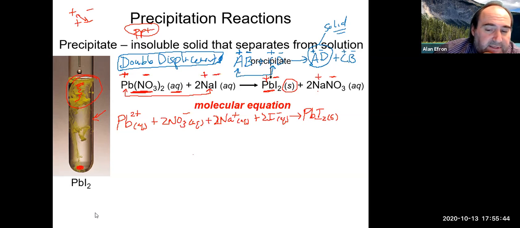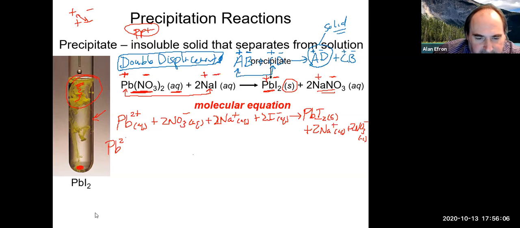What that leaves us on the other side is sodium nitrate, which is also a strong electrolyte and will break apart as well. So I'm just going to write it underneath as I ran out of room there: Na+ and 2 NO3-. So this equation here, let me just rewrite real quick, maybe a little bit better here.